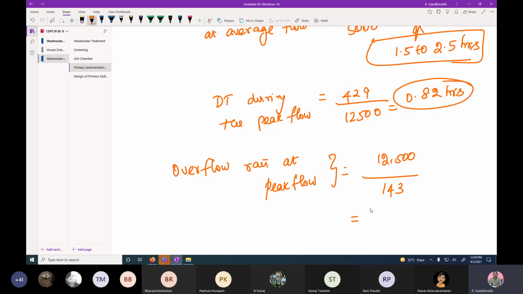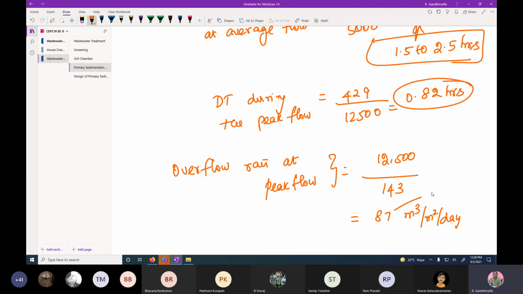What is the answer? 87 meter cube per meter square per day. What is the value they have suggested? It should be 80 to 120. Therefore, this is fine.